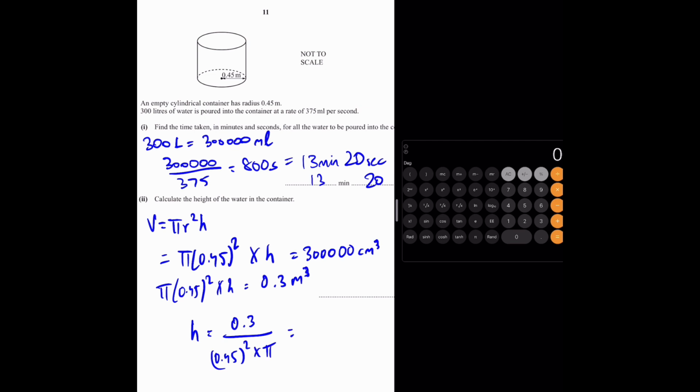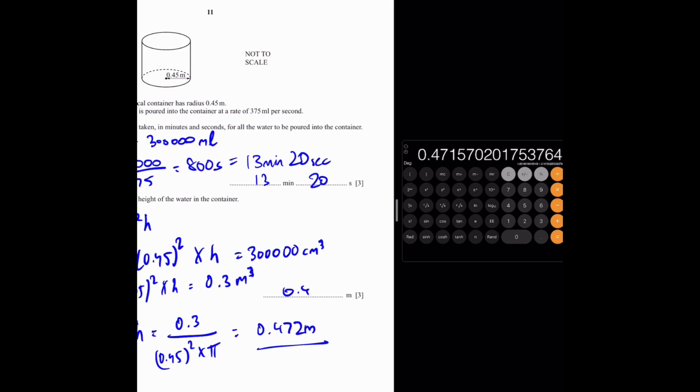Let's just do that. 0.3 divided by 0.45 squared, and then divide by pi to get 0.472 meters. That's the answer.